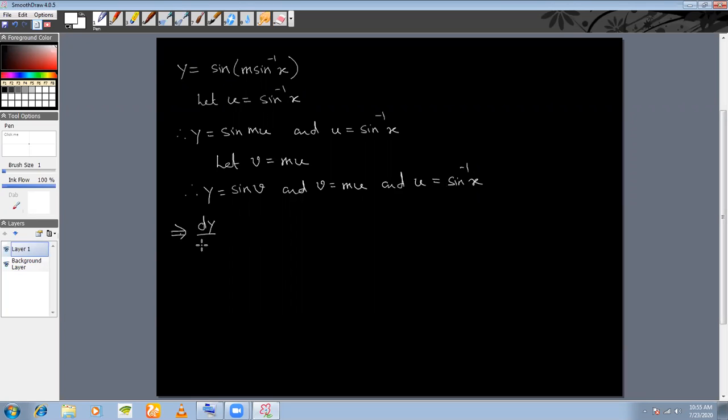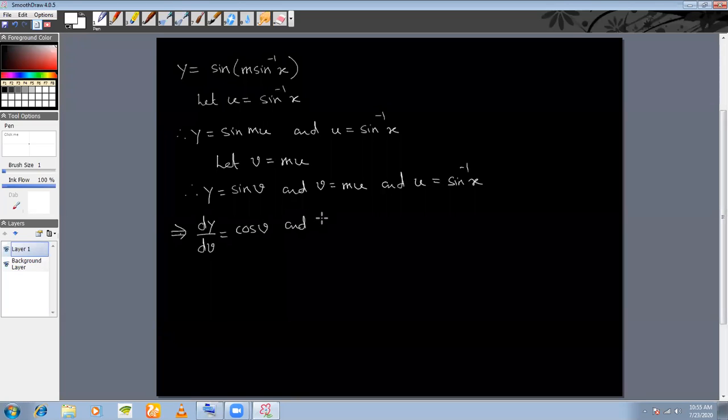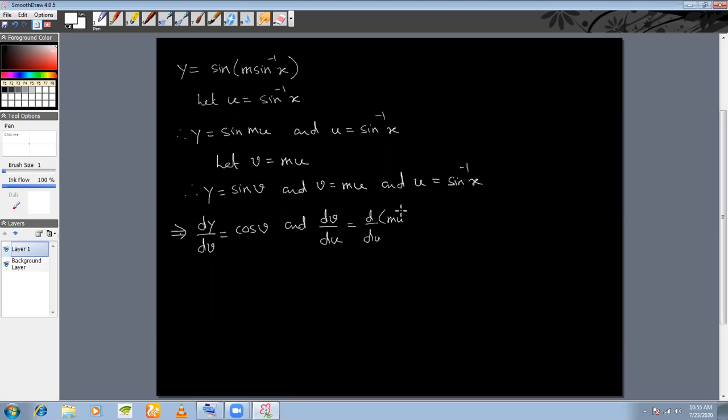So that means what happens? Now we differentiate. dy/dv is d/dv of sine v, which is cos v, and dv/du is d/du of mu, right? m is a constant, you take it out of the differentiation, m d/du of u, which is m into 1, which is m, and du/dx is d/dx of sine inverse x, which is 1 by root 1 minus x squared.